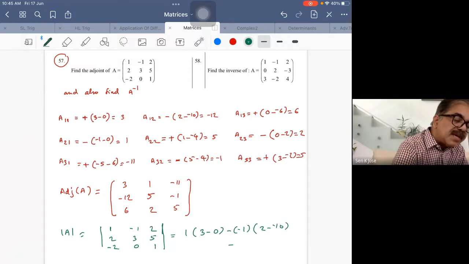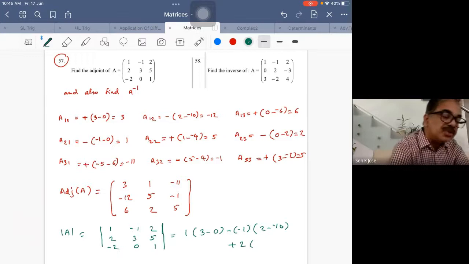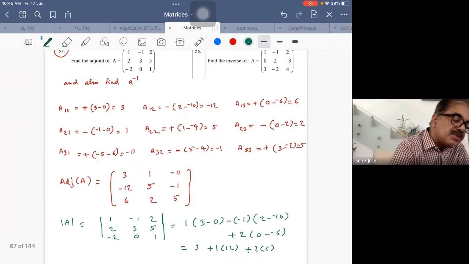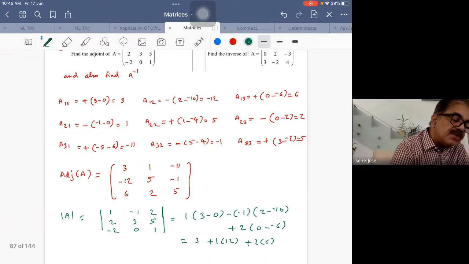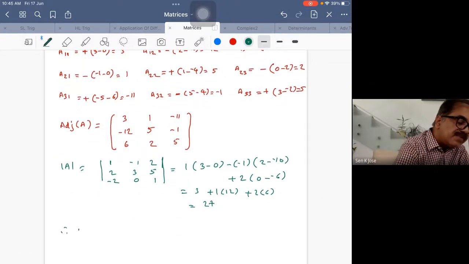I'm skipping the minus now. I can do it in my head. If anyone needs to write the minor, please do it. 0 minus 6, which is going to be 3 plus 1 into 12 plus 2 into 6. So that's going to be 12, 24, 27. Determinant A is 27.